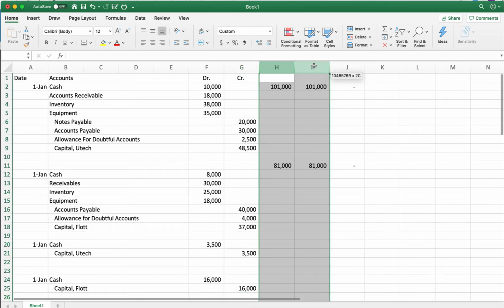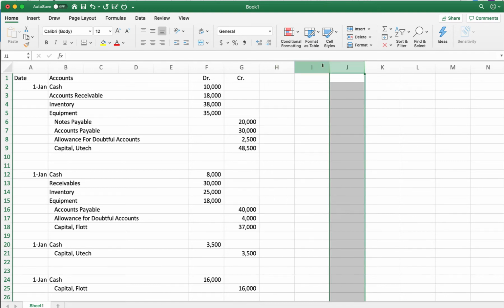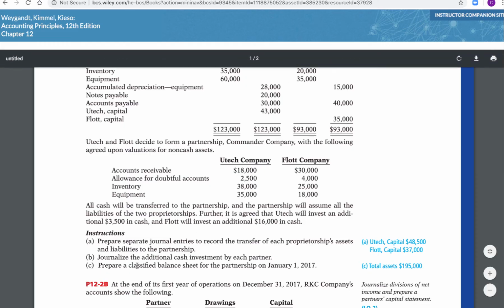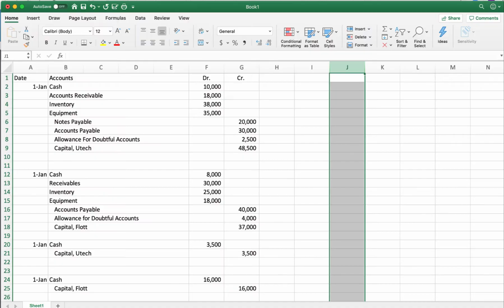Okay? Now, the next thing we need to do is prepare the classified balance sheet. So I'm hoping that this serves as a good review on how to put together a classified balance sheet. Okay? So, first thing I need to do on our spreadsheet is create the balance sheet in proper form, right?